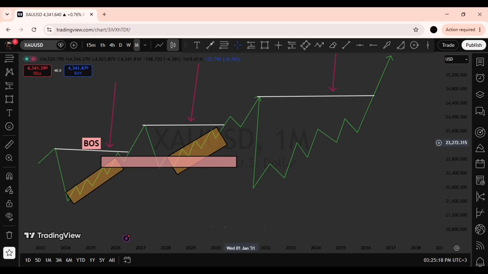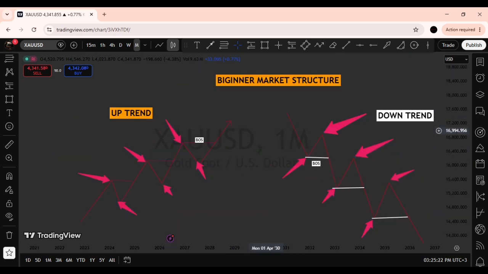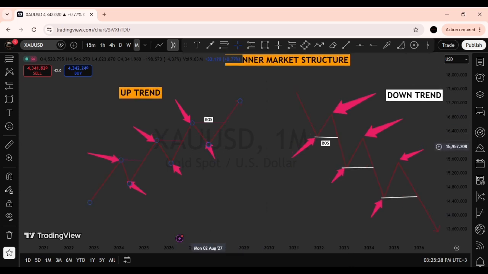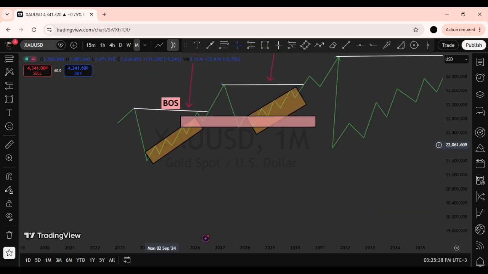Now, why can I tell you that in beginner market structure, gamblers and beginners make money? Because they buy low and sell high. So the market is coming back, and it is going to just buy. But let's take a look at this market.